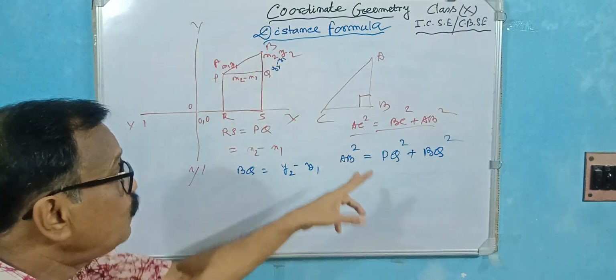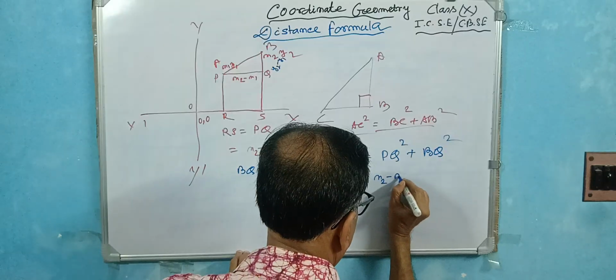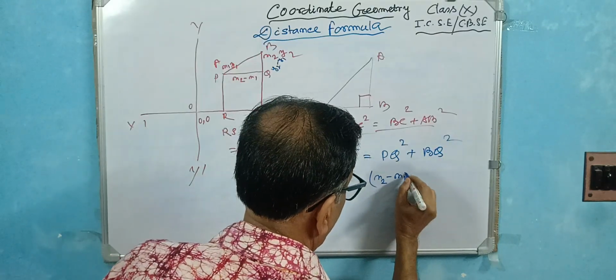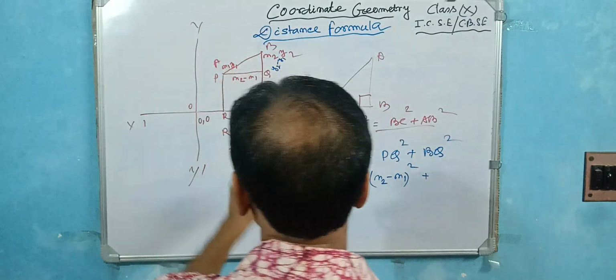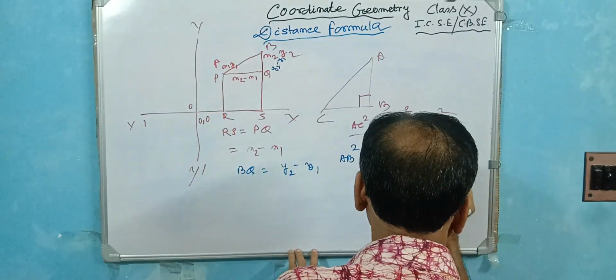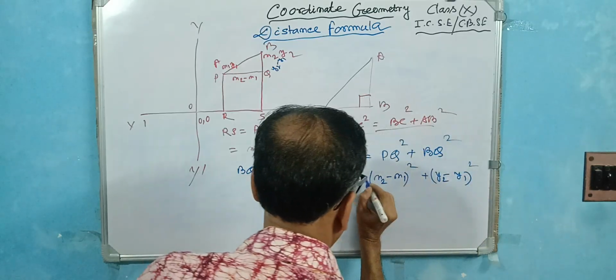So what is the value of PQ? PQ is x2 minus x1 whole square. What is the value of BQ? BQ is y2 minus y1 whole square. So this is equal to AB square.